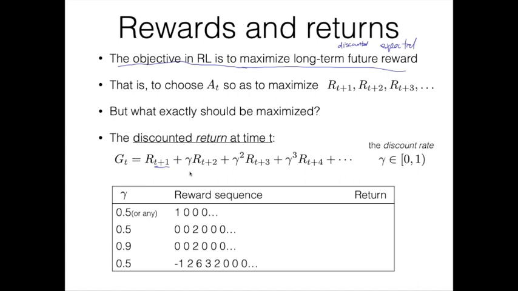If we have a non-episodic task, or a continuing task, we often have a discount factor, which says that future rewards aren't as important as immediate rewards. You'd rather get the money now than later. But you still want to maximize the long-term reward over time, taking these discounts into account.